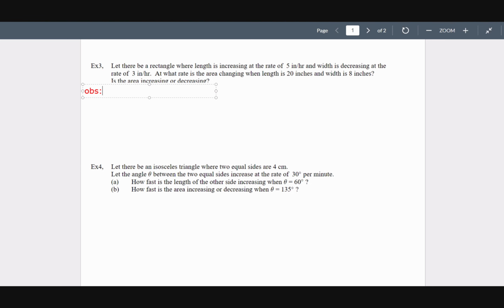It is not part of the official solution, and you don't have to write an observation. But if you write something as an observation, then I might still give you some credit. Of course, this is not the official solution, so there won't be that much credit. But observation is mainly to help us understand the problem.